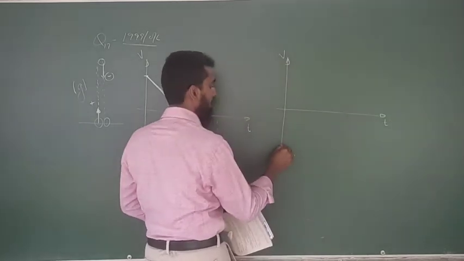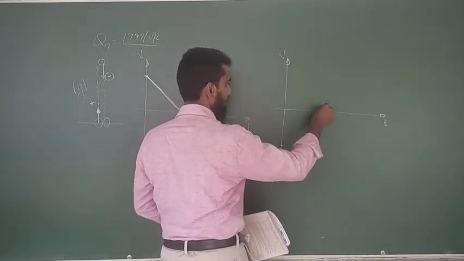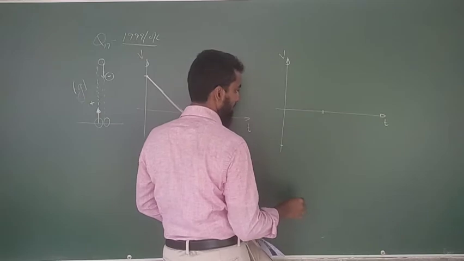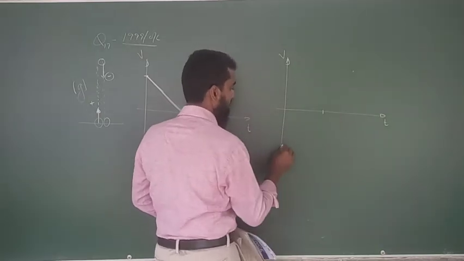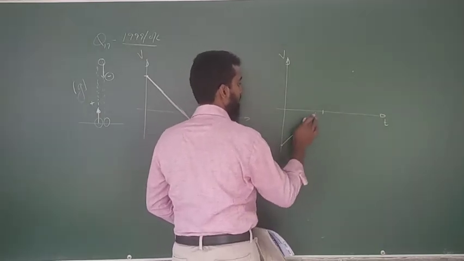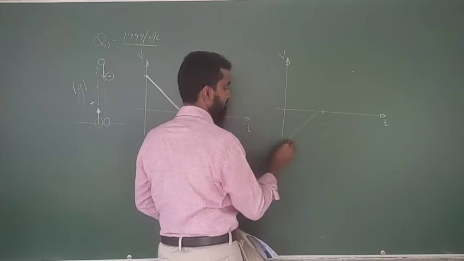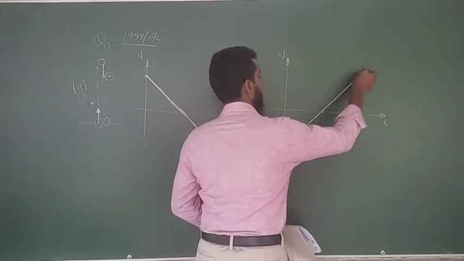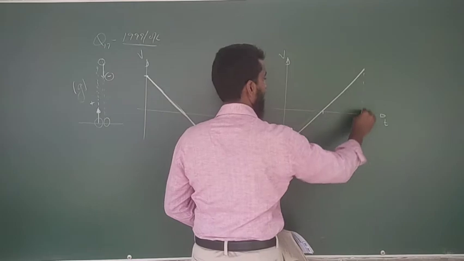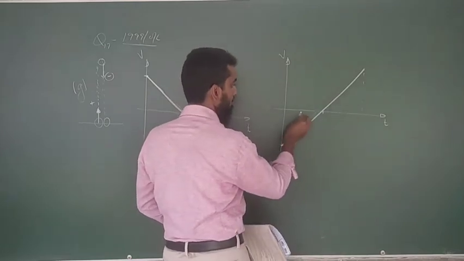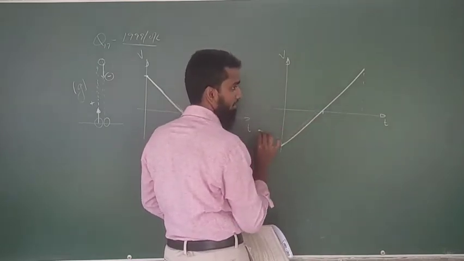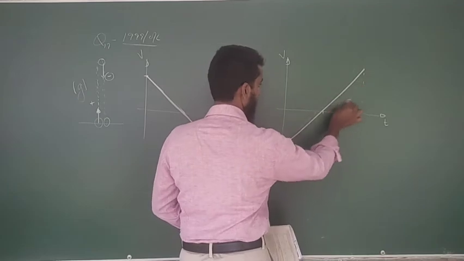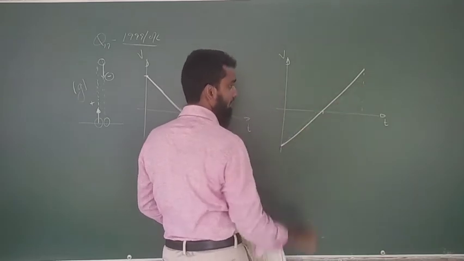Why? Starting with the velocity, at the top the velocity becomes zero, after that it moves in the opposite direction. One side displacement, the next side displacement, then this is going to deduct this.